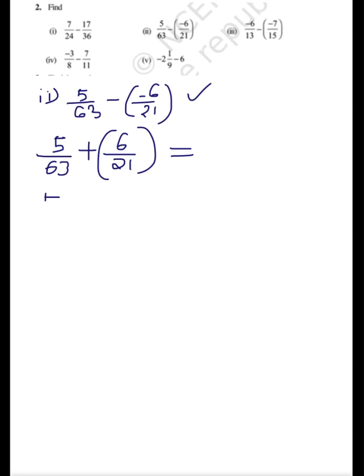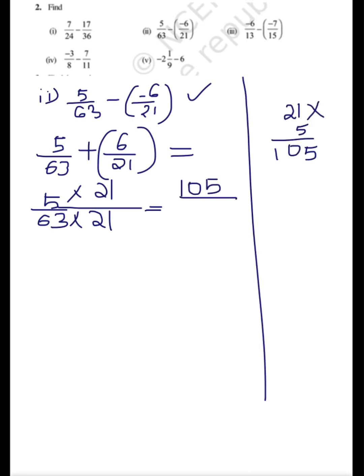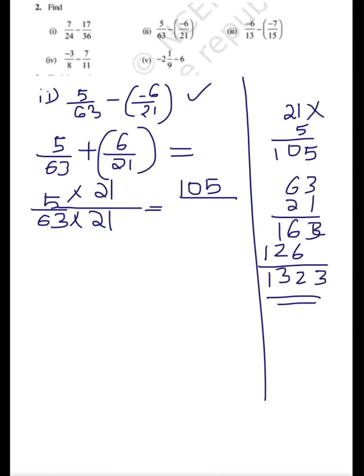Here you can see that the denominators are different, so you have to make them the same. For that, let's take the first number, which is 5 by 63, and multiply both with the denominator of the second, which is 21. So let's do 5 into 21. What is that? 105. Now the next is 63 into 21. 1323.